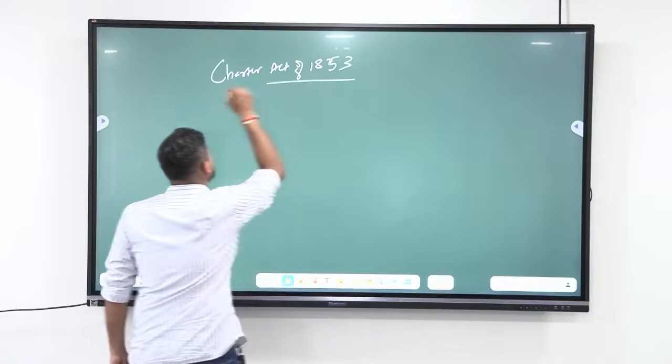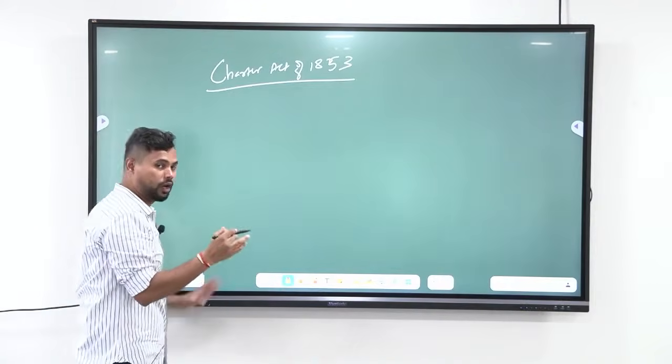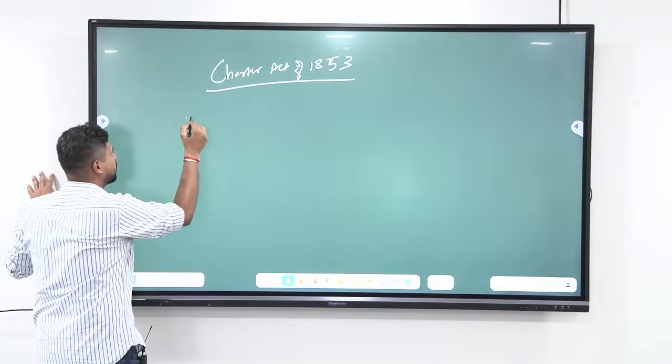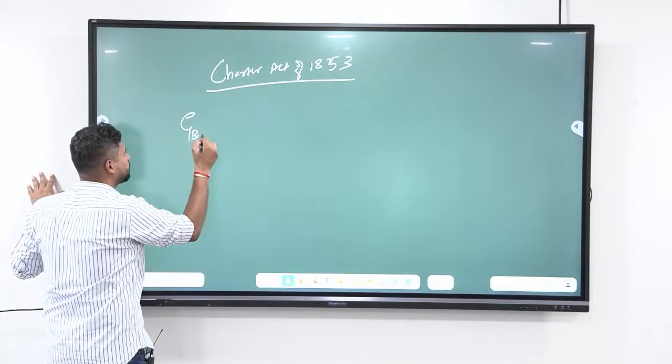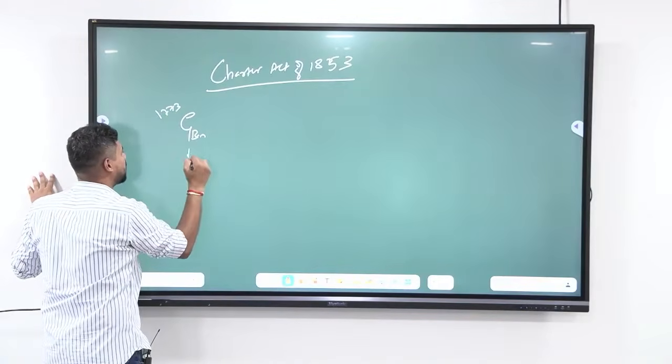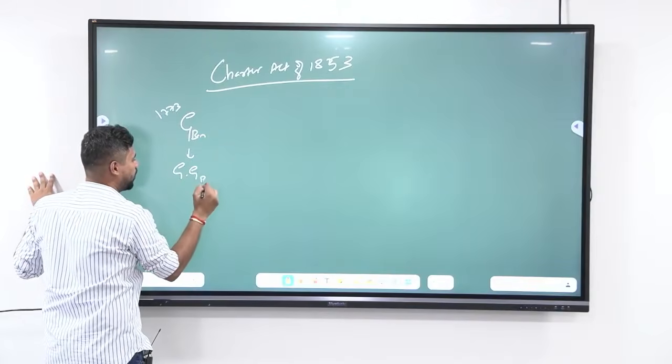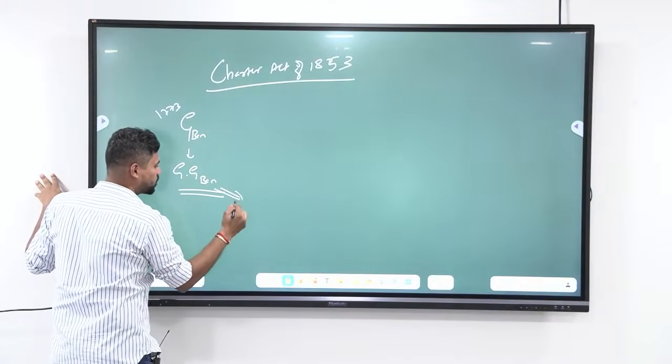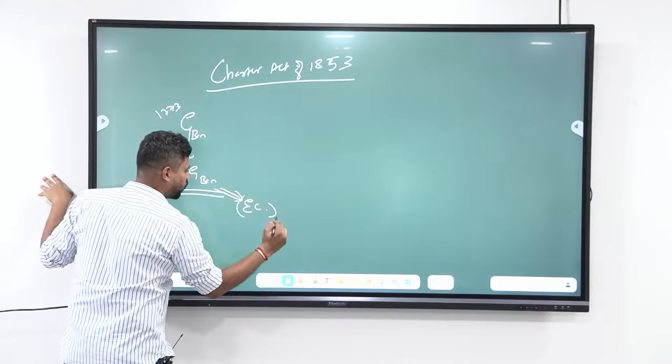Look at this. In the Charter Act of 1853, now let us just recollect the governance structure. Look, there was Governor of Bengal in 1773. This Governor of Bengal was made Governor General of Bengal, and was given an executive council of 4 members.